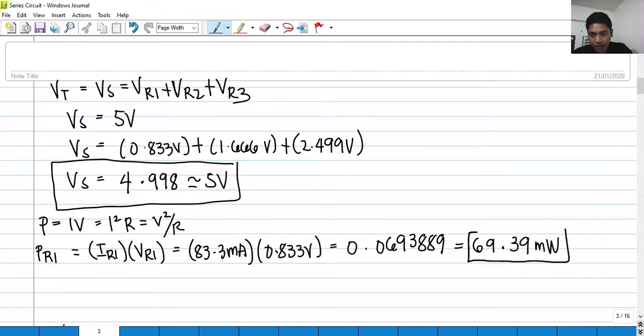Just press the ENG function in your calculator and it will show you the value automatically. Times 10 raised to negative 3 means milli.